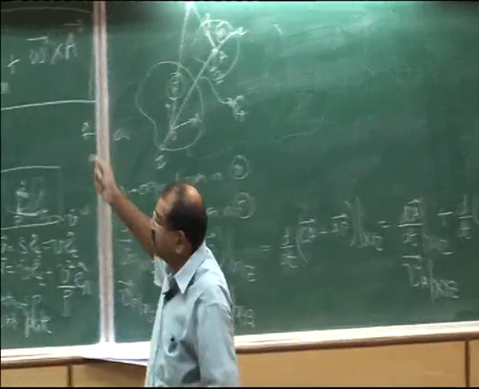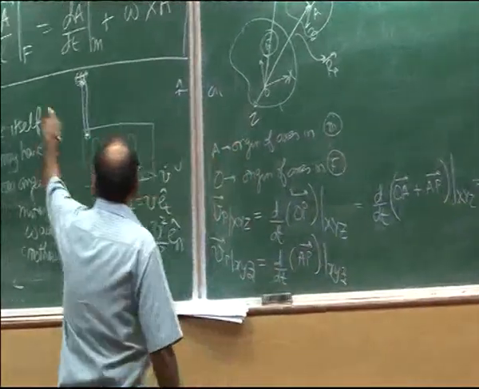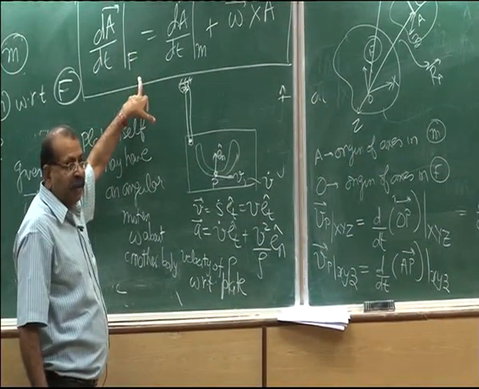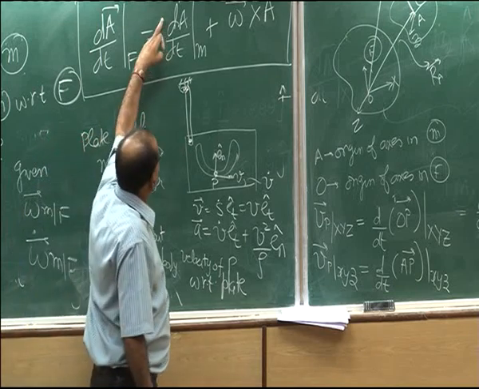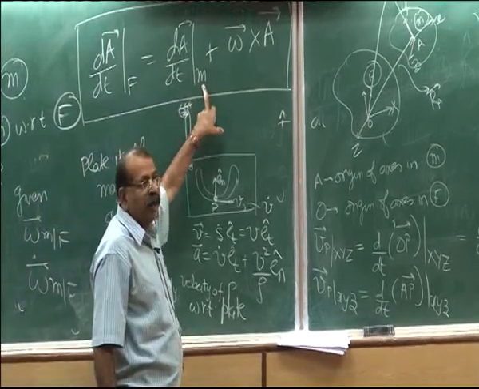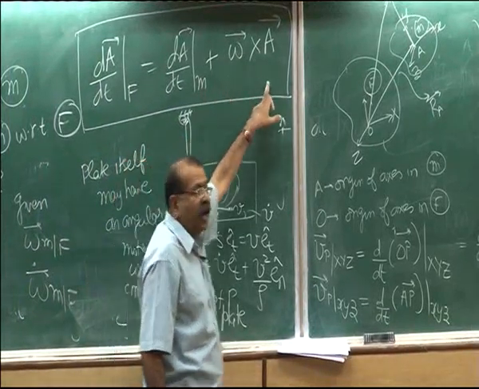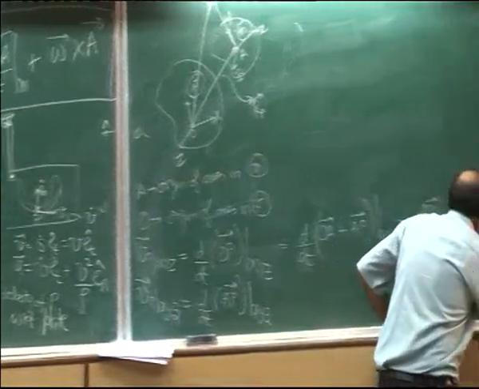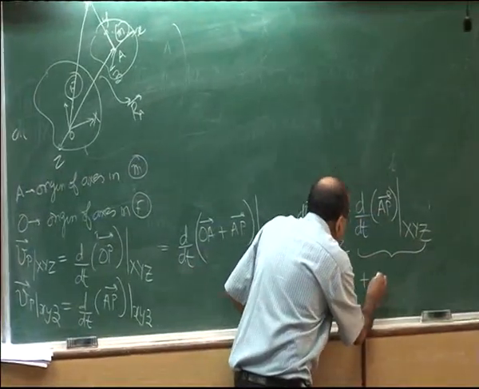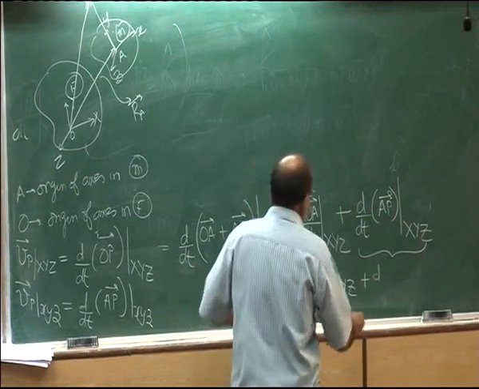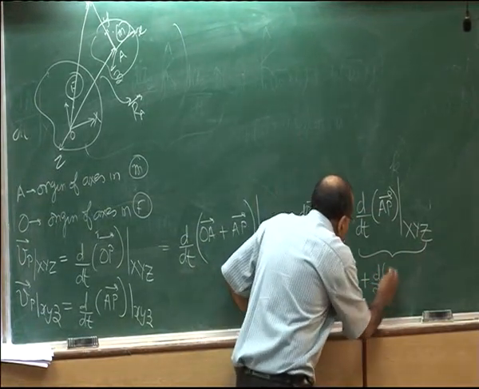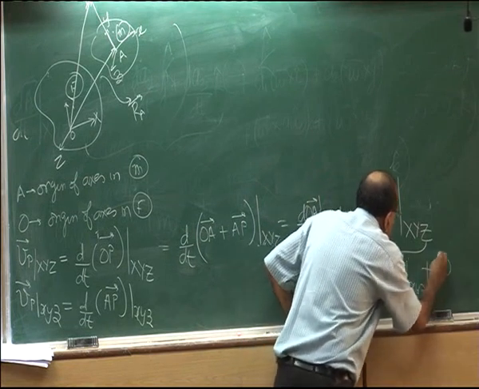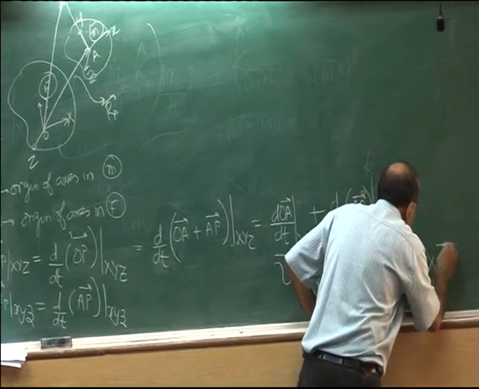But AP we are measuring only with respect to small m, so I will use this formula. d by dt of AP with respect to capital XYZ will be equal to d by dt of AP with respect to small xyz plus omega cross AP.